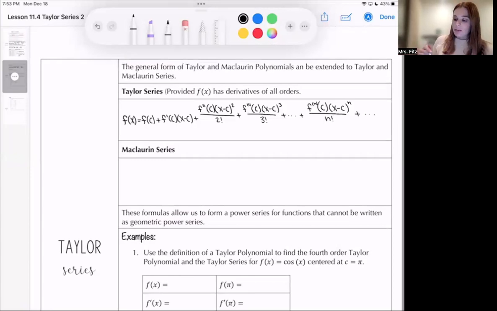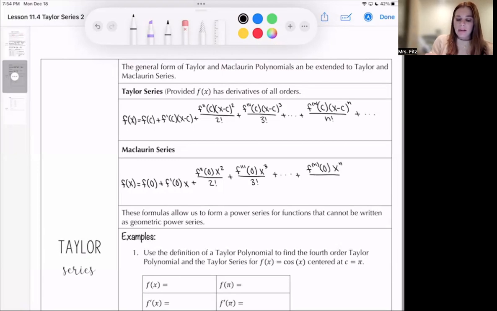Okay, Maclaurin series, we're going to center this at 0. So it would be f of x equals, instead of c, we're going to plug in 0. So f of 0 plus f prime of 0 times x plus f double prime of 0 times x squared over 2 factorial plus f triple prime of 0 times x cubed over 3 factorial plus, keep going, we'll do our general term, the nth derivative evaluated at 0 times x to the n over n factorial plus ... right?